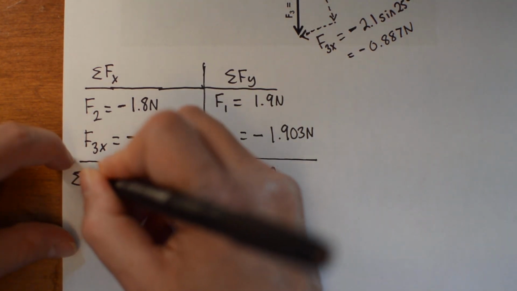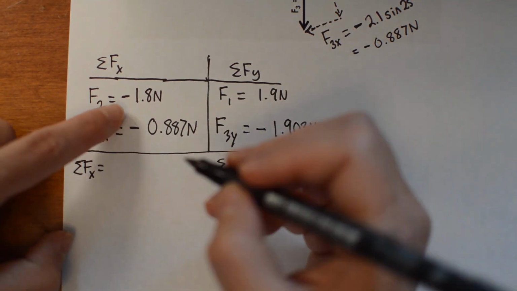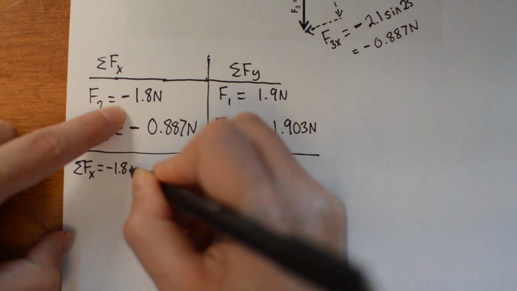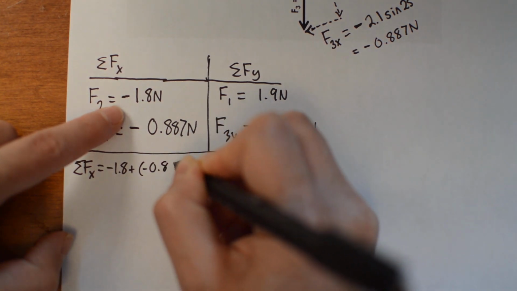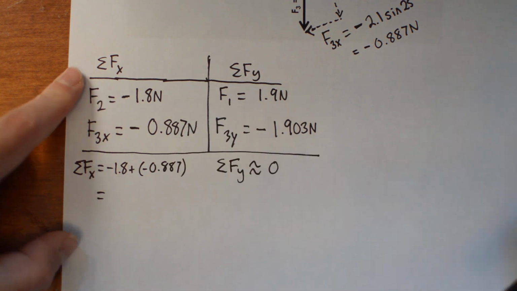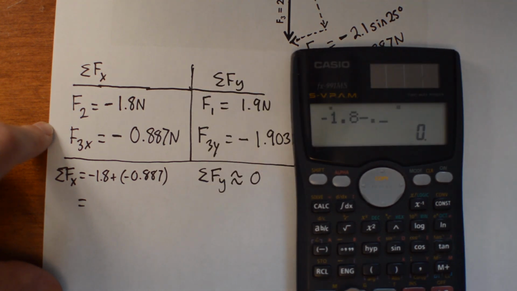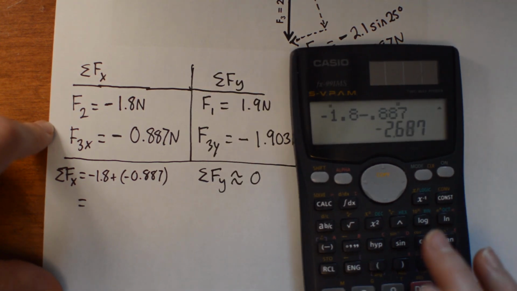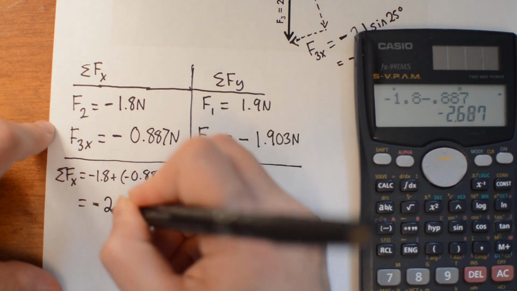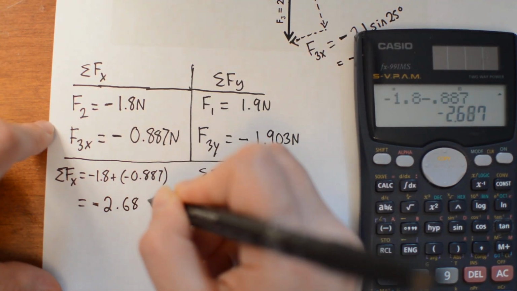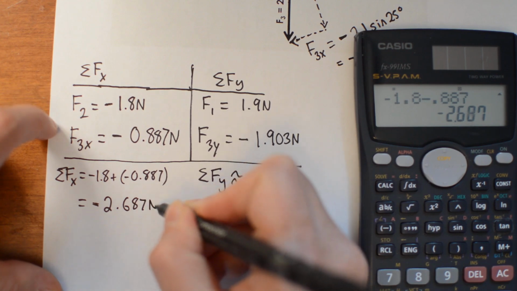So in the x direction, the sum of the forces in x is going to be the negative 1.8 plus the negative 0.887. That adds up to a negative 2.687 newtons.